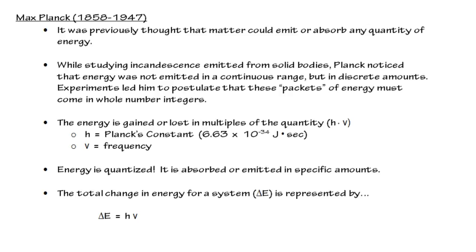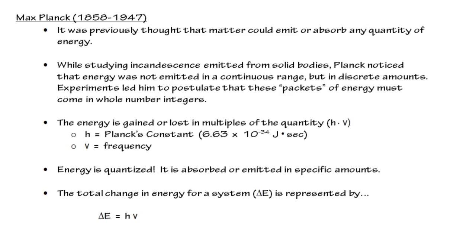So previously we thought that matter could emit or absorb light in any quantity of energy. But Planck was studying incandescence, which is light emitted from different sources. And he noticed that the energy may not be emitted in a continuous range, but in discrete amounts.